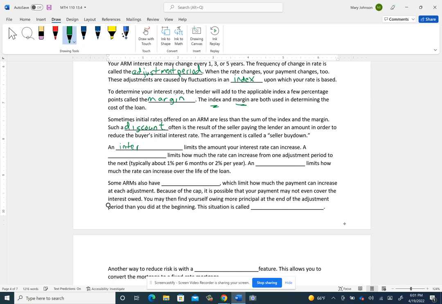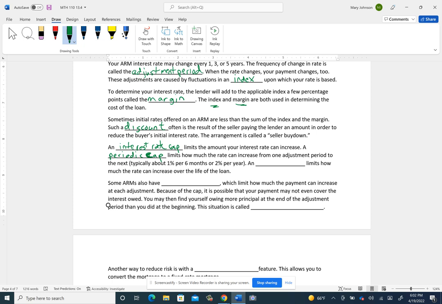So there'll be an interest rate cap that's going to limit the amount your interest rate can increase. Right? And there's a periodic cap which limits how much the rate can increase from one adjustment period to the next.